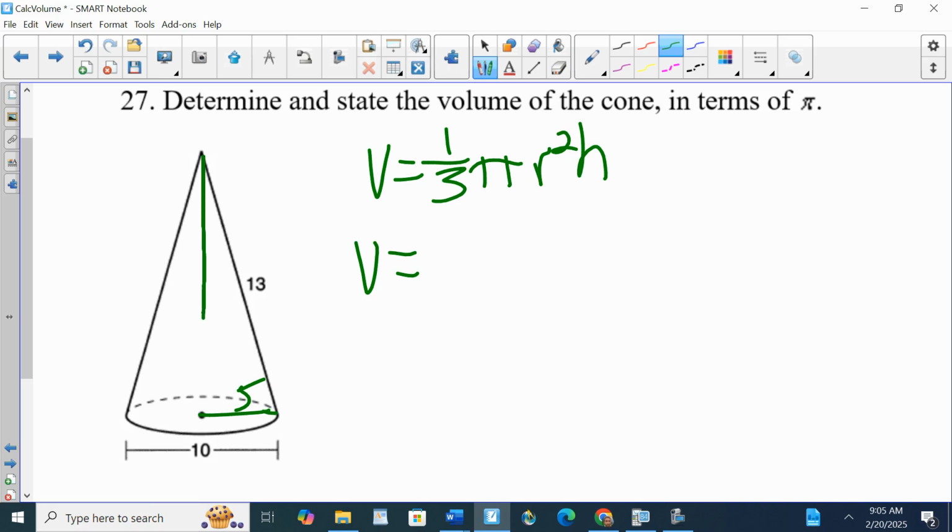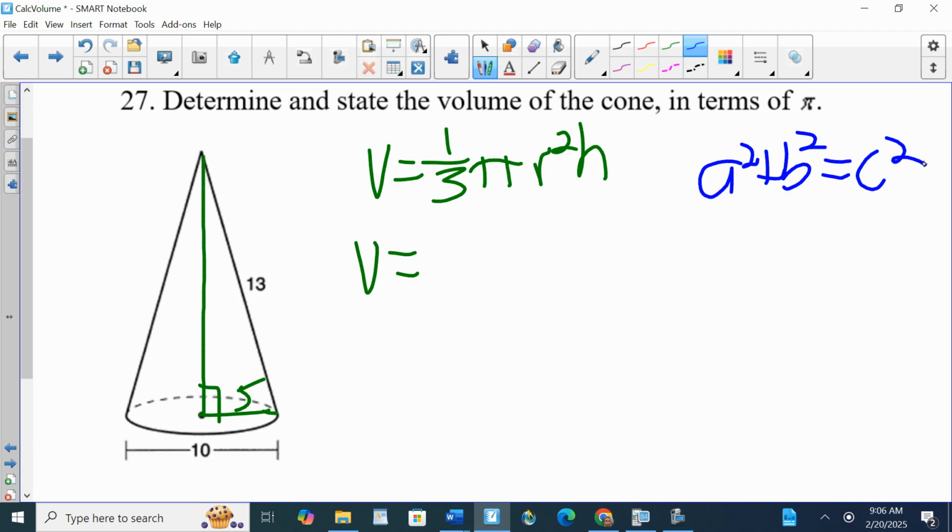If they give me the slant height, to find the height, I use Pythagorean theorem. Because I have a right triangle, I have two sides, I want to find the third. If given the slant height, you're going to have to use Pythagorean theorem to find the height. This comes up a lot. So, A and B are the legs.